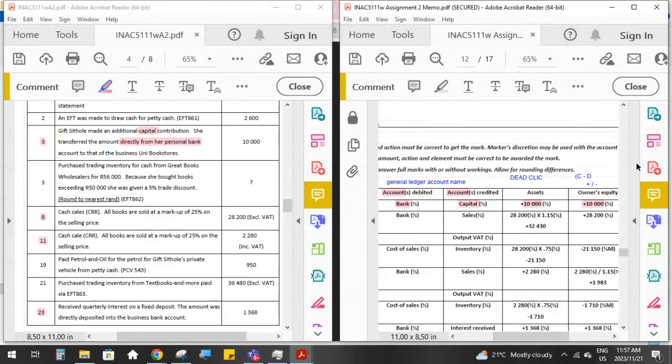Capital minus drawings plus income minus expenses. Okay, that's the sum to work out owner's equity. So also put that at the top so that you know, as soon as we use a capital account, drawings, income, or expense account, it's going to affect owner's equity.